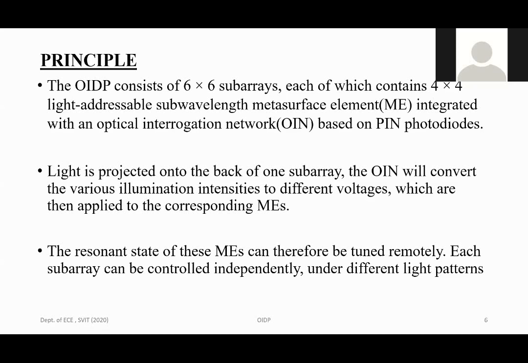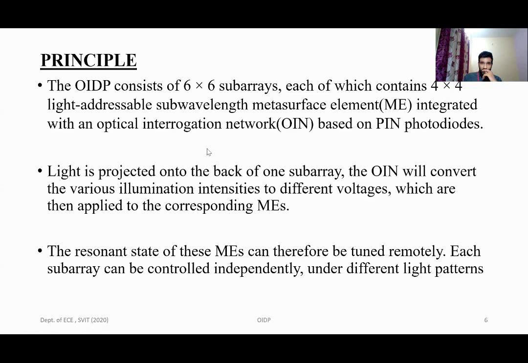This is how OIDP works: light is projected onto the back of one subarray. The OIN, the optical interrogation network, converts illumination into different voltages, which are fed into the metasurface elements.